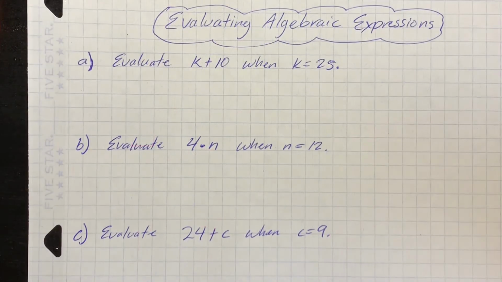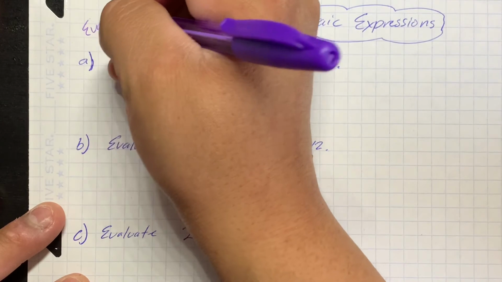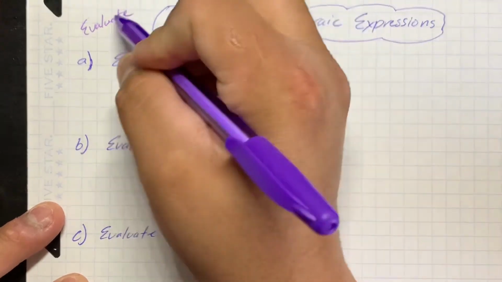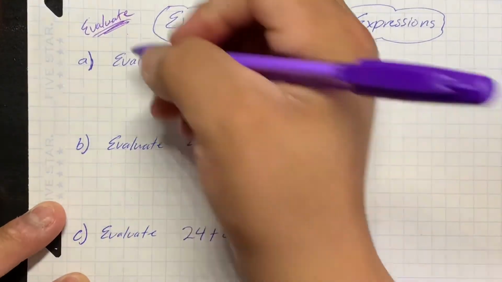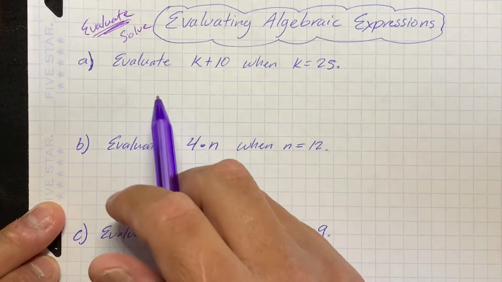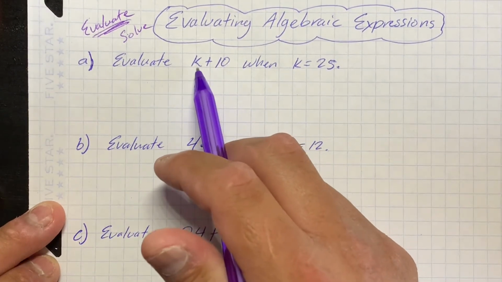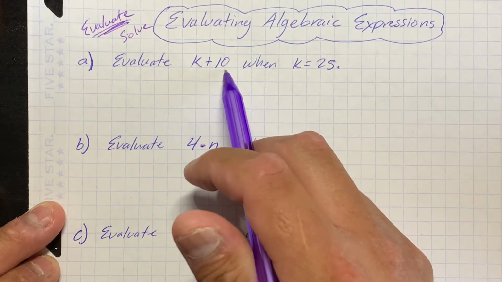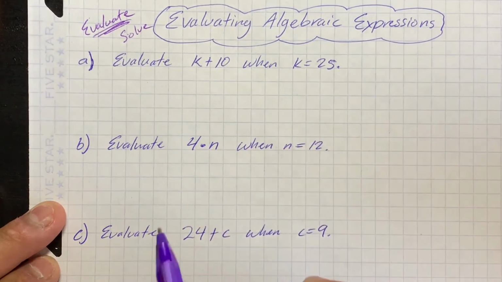All right, for the next example, we're going to evaluate algebraic expressions. So remember, anytime you see the word evaluate in math, it simply means to solve. So we're going to evaluate the expression k plus 10 when k equals 25. So check this out.